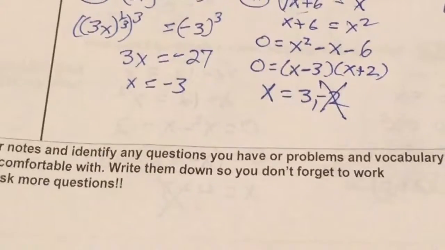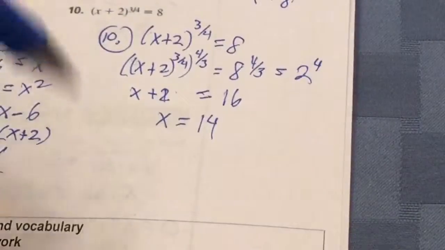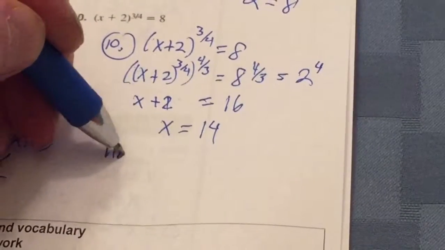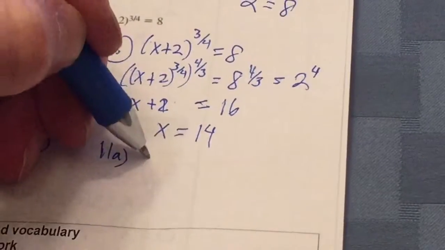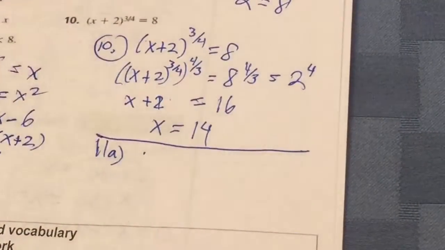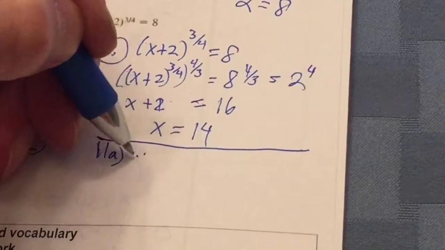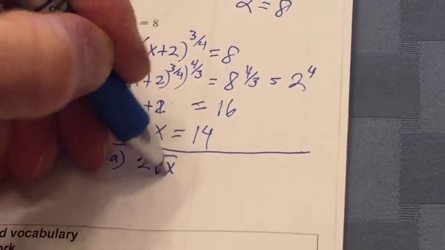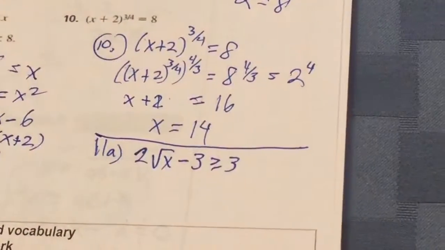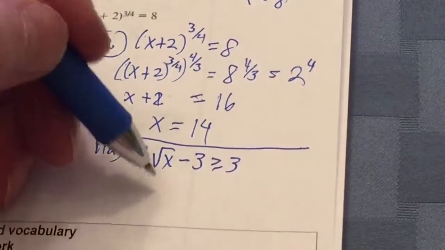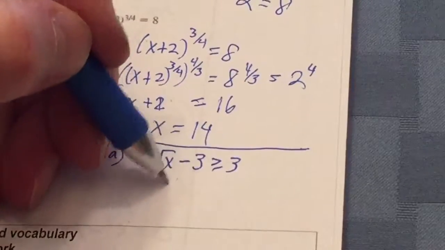And let me write number 11a. I'm going to put that right there. And this is 2 root of x minus 3 greater than or equal to 3. So we should add 3.